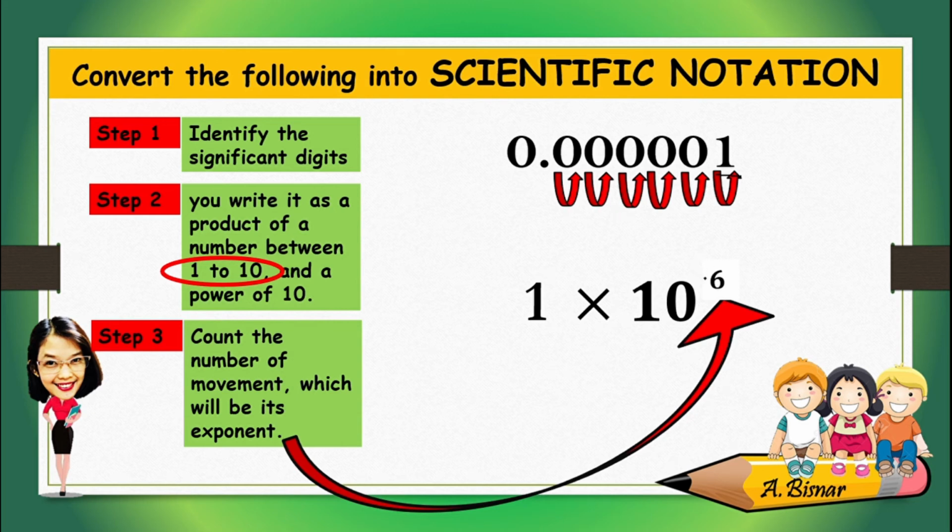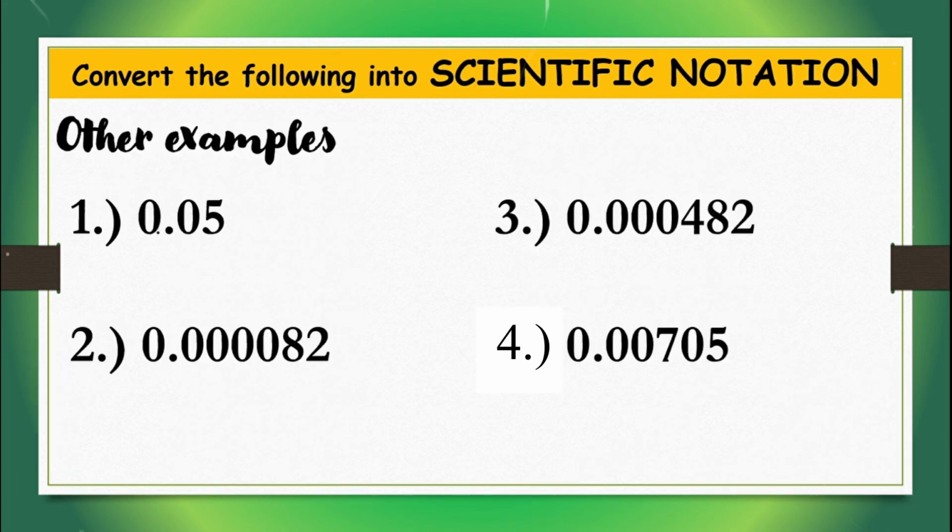However, this is a small number. And therefore, our exponent will be negative. So let us have other examples. Since these are leading zeros, then they are not significant. So we only have 5 as our significant digit times 10. And now let's count the number of movements of the decimal. 1, 2. So we have 5 times 10 raised to negative 2.